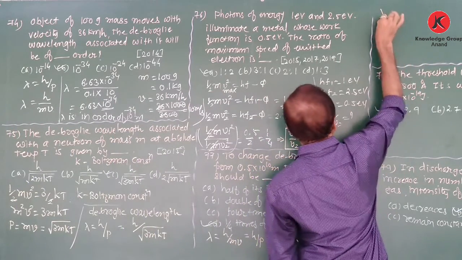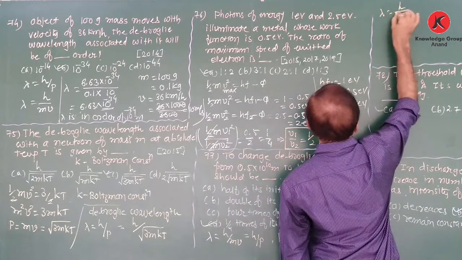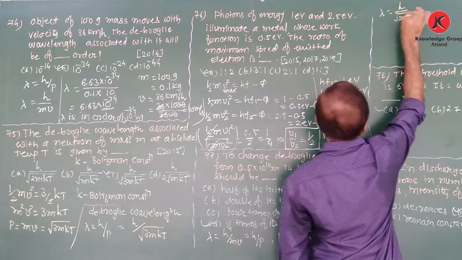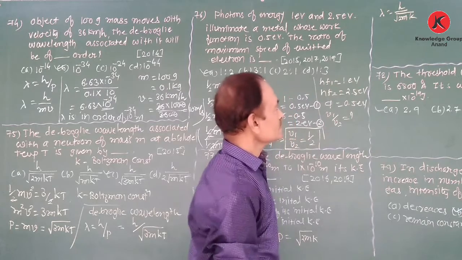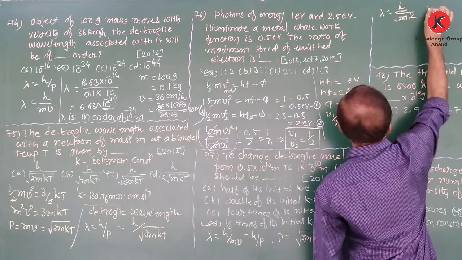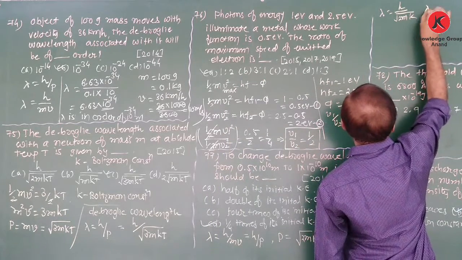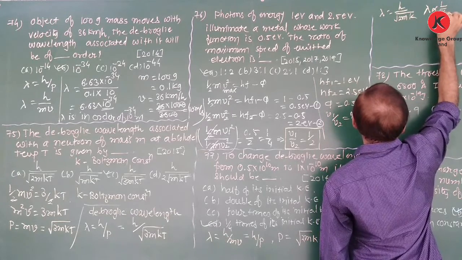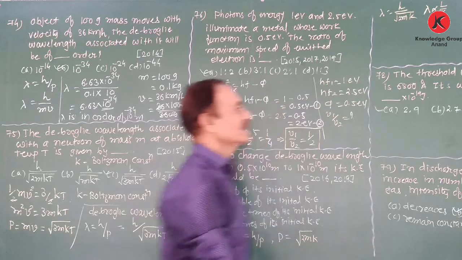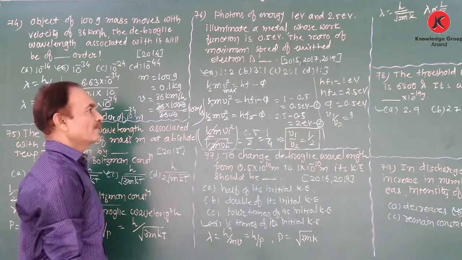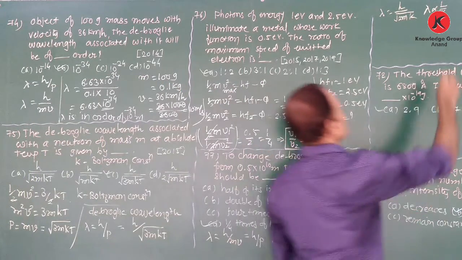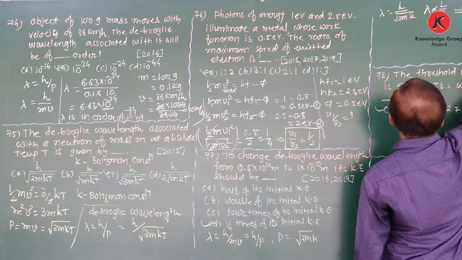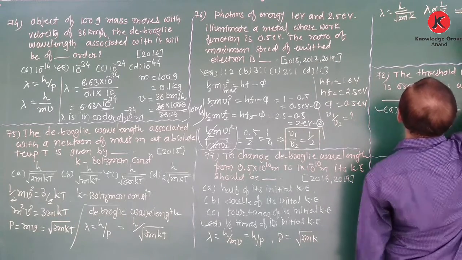Therefore, lambda is equal to h upon under root of 2mK. Therefore, lambda is proportional to 1 upon under root of K. Therefore, K is proportional to 1 upon lambda square.